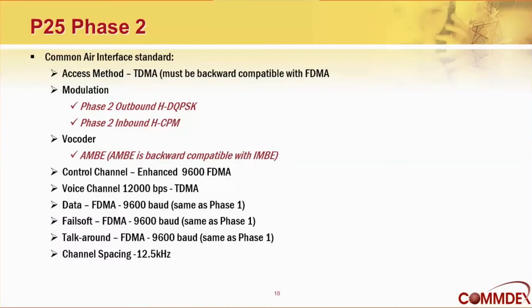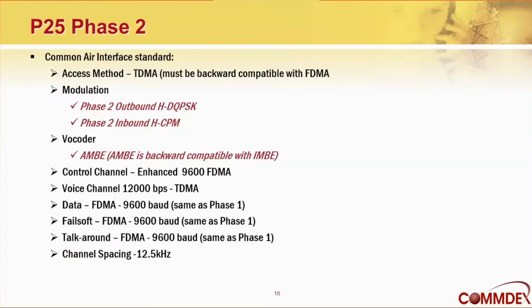Phase two, as we said, came along much later when it was decided that they needed more capacity. So that's when TDMA was introduced, although it still had to be backward compatible with FDMA. It introduced two new types of modulation, one on the inbound side and one on the outbound side.